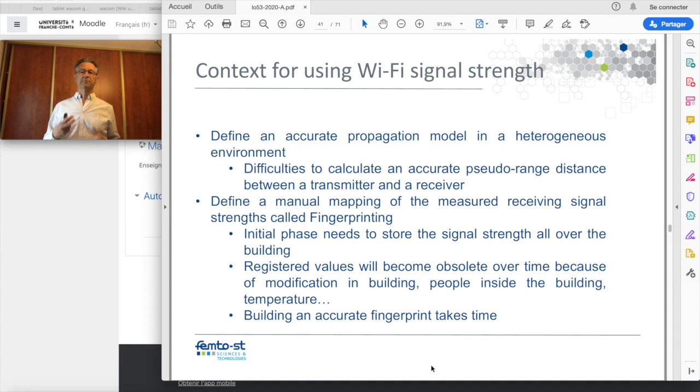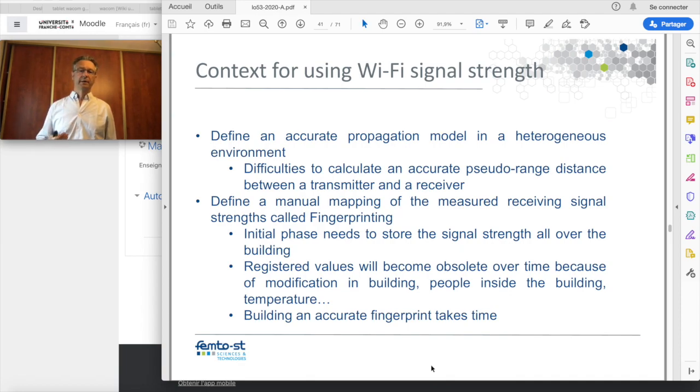So if you want to use a Wi-Fi signal in order to do localization inside a building, you need to have an accurate propagation model for a heterogeneous environment. But this is very difficult to have, and the pseudo-range distances are quite difficult to make sufficiently accurate to calculate position.